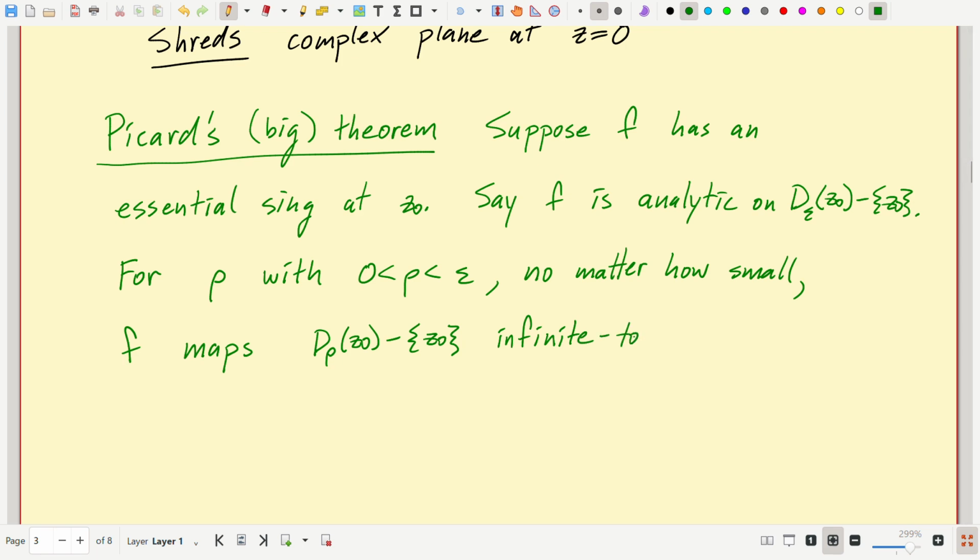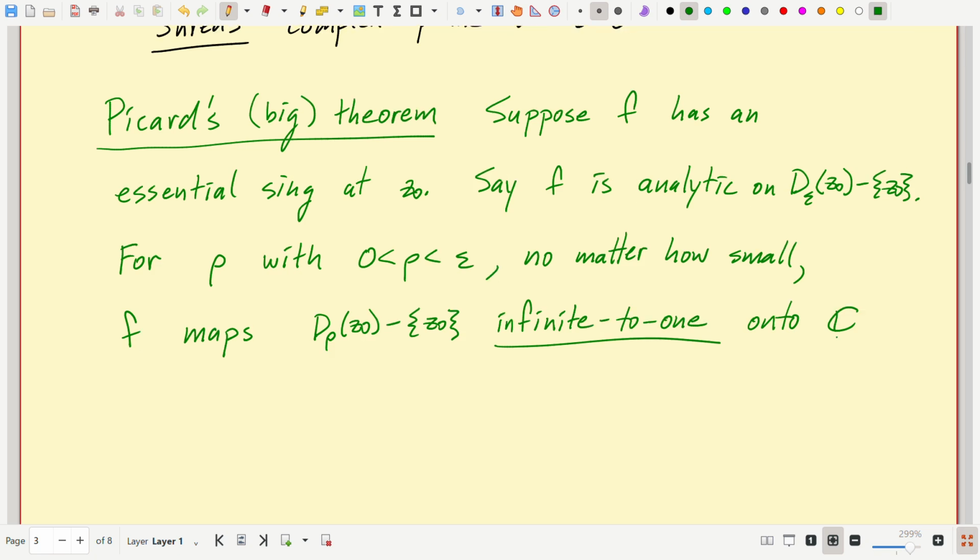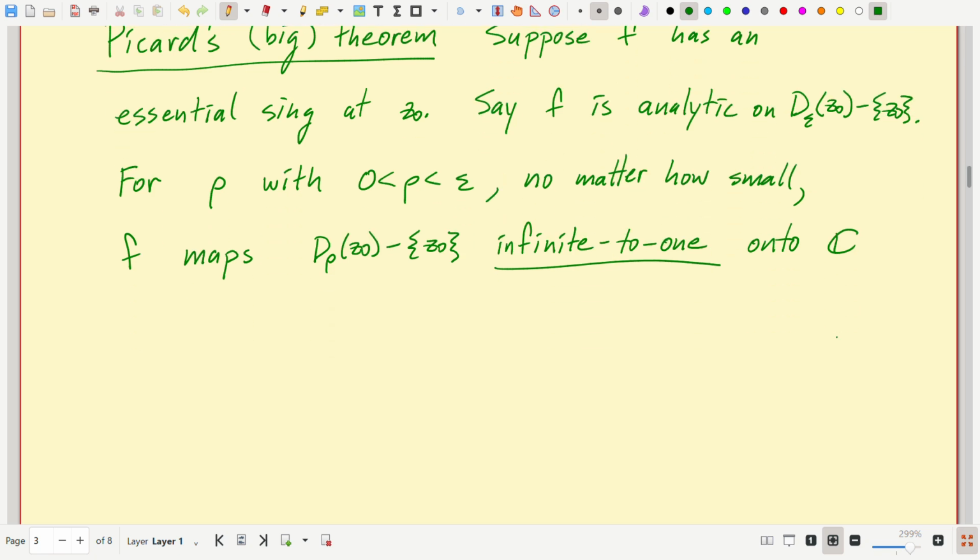Infinite to 1. So that's pretty nasty. On to c, with the possible exception of missing one point. So on to c with one possible missing point.